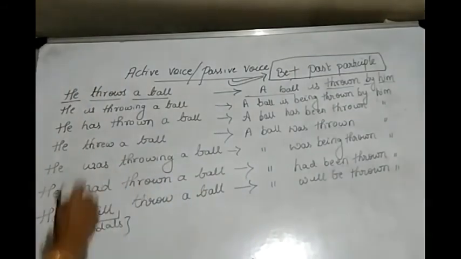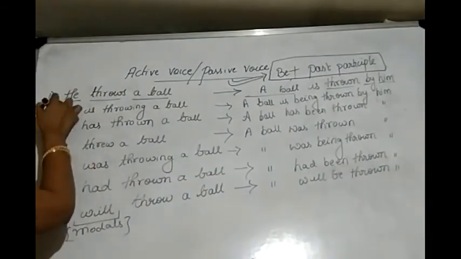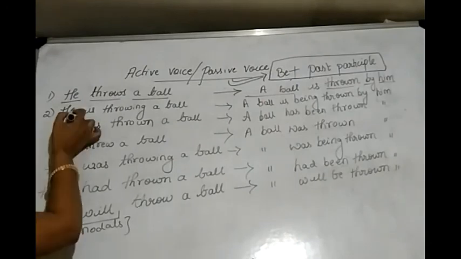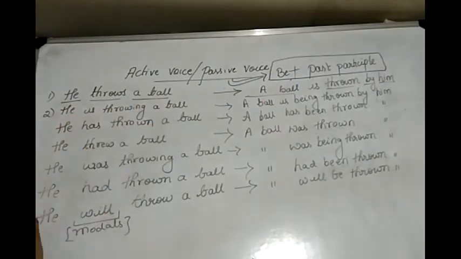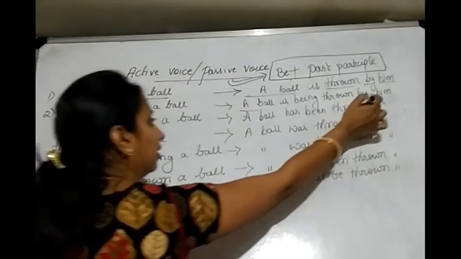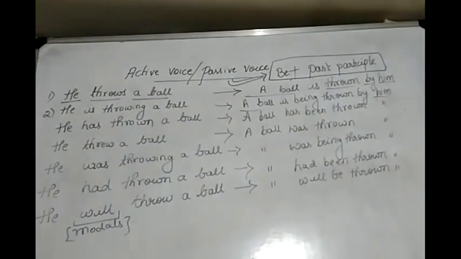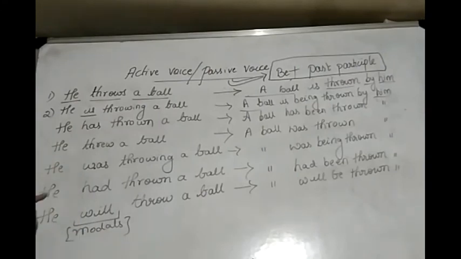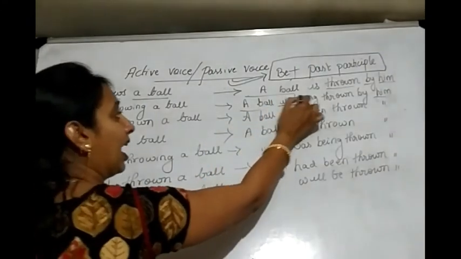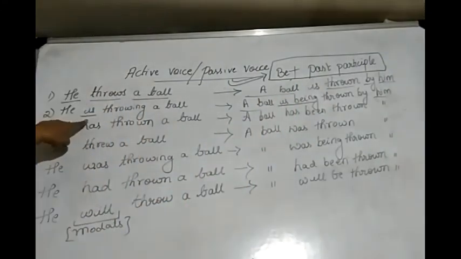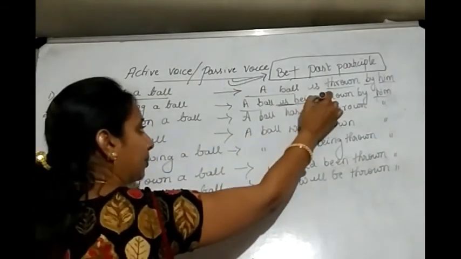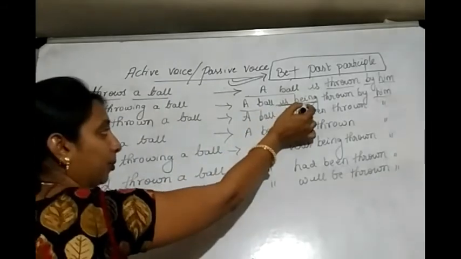Next sentence. This is simple present tense. Second one, present continuous. He is throwing a ball. Whenever is there, I said is being has to be used. So whenever we have is in a sentence, we have to go for is being. If are is there, are being.